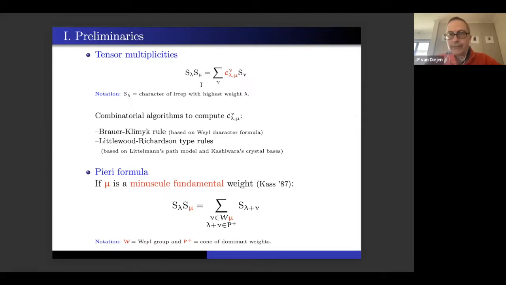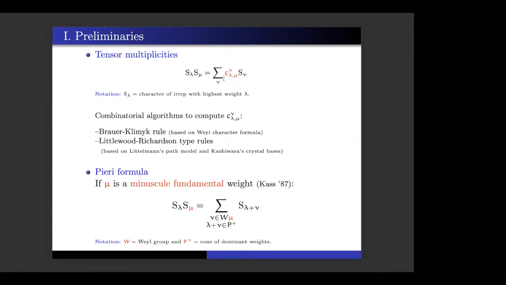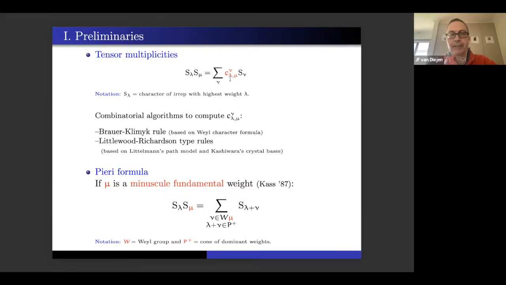I don't want to go into detail. This is a very general technique. The point is that here you get a very big expression with many terms that you have to combine. You don't really get a very simple formula for these expansion coefficients, these tensor multiplicities that way. But it's very suitable for computer computations and to compute concrete tensor multiplicities with specific weights given.